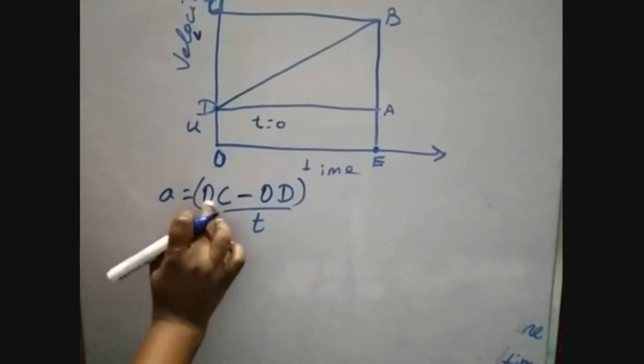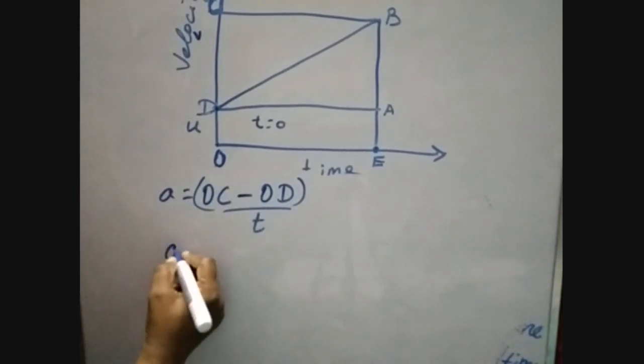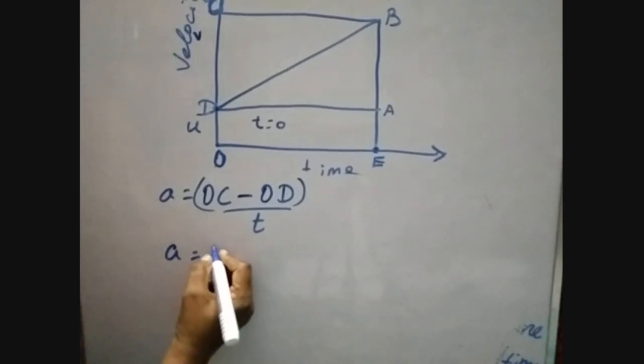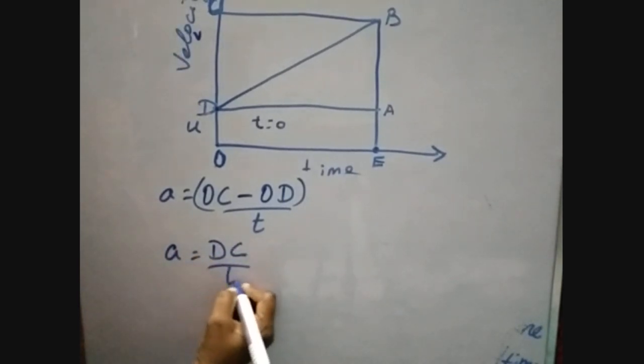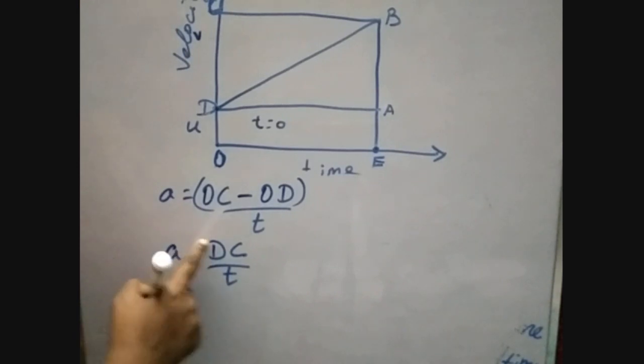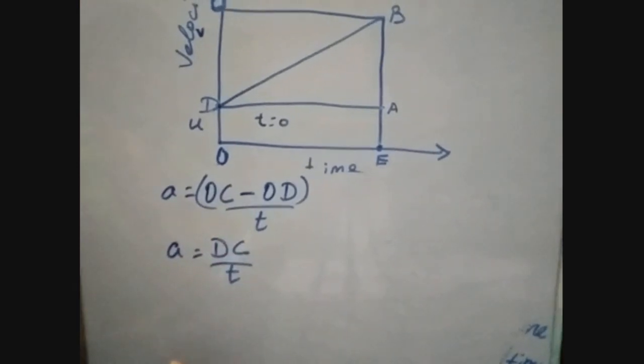So, instead of OC minus OD, we have DC. a equal to DC divided by T.